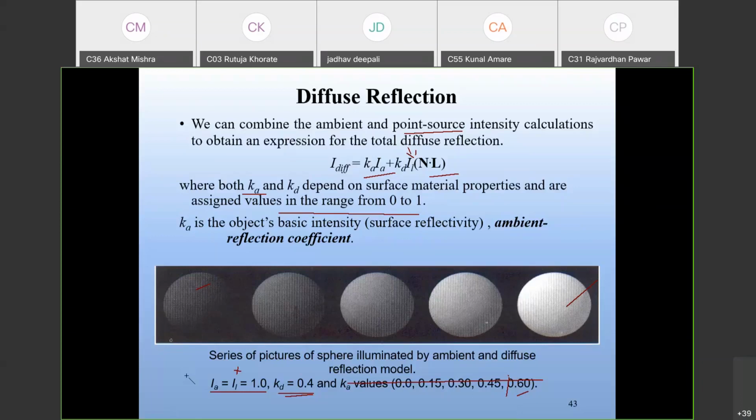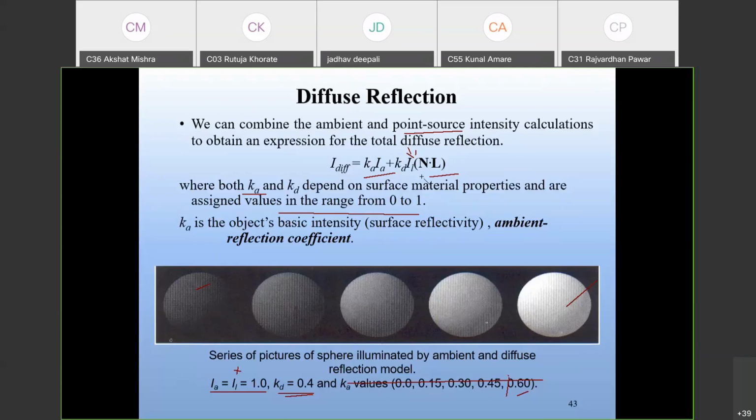If we use diffuse reflection from a point light source, then the point source intensity is important and the diffuse reflection coefficient is also important. Both are multiplied with the value of cos theta. What is this theta? It is the angle between the light incident on the surface and the reflection of that light. So that angle is used, or the N into L method is used.